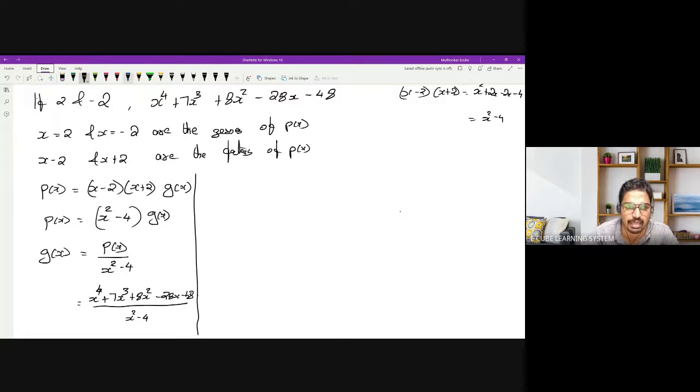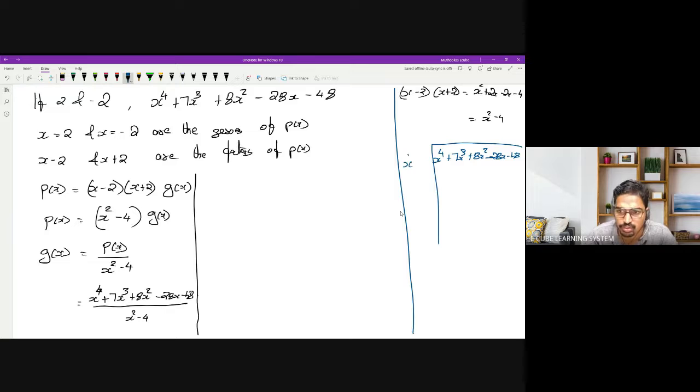That we will calculate by our normal long division method.